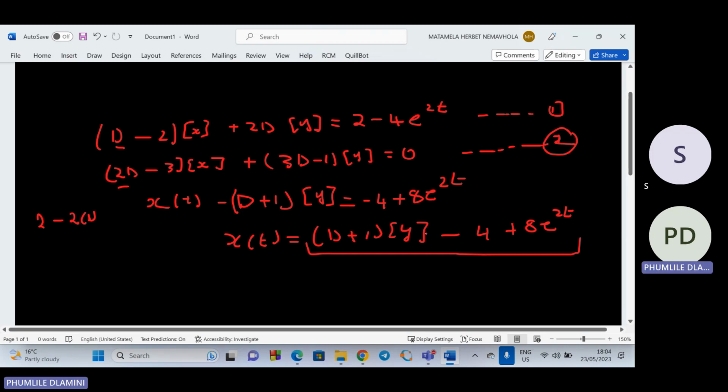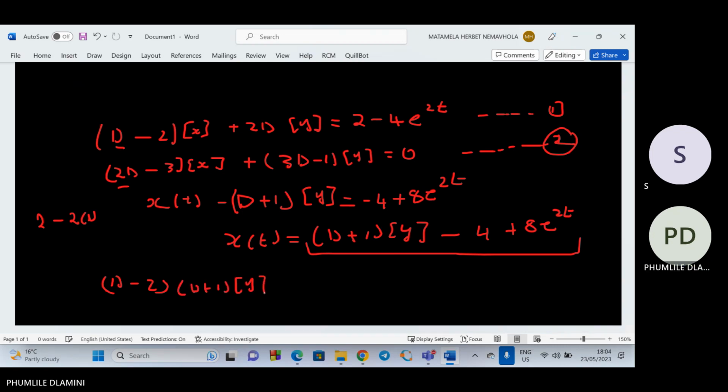It means that we are going to have d minus 2 and also d plus 1 of y plus 2d of y is going to be equals to, and remember when we substitute that of y, because we are substituting everything there, I didn't add all the values.